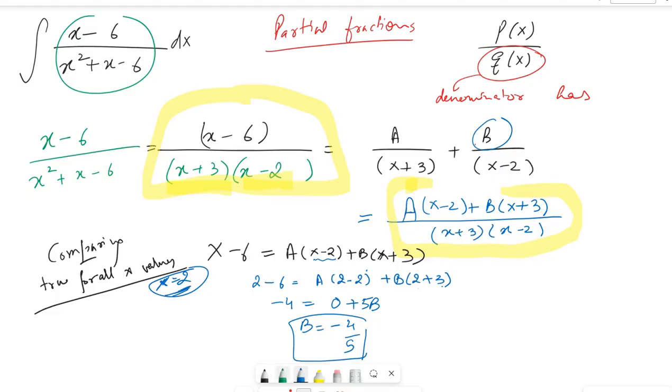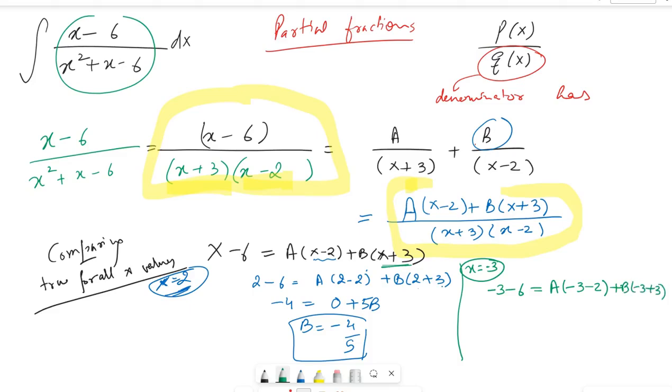Okay. Similarly, because this is true for all x, this should also be true for what should be the other number? Negative 3 from the second factor. So now I'm going to plug in negative 3 in there. Negative 3 minus 6 is equal to a times negative 3 minus 2 plus b times negative 3 plus 3.